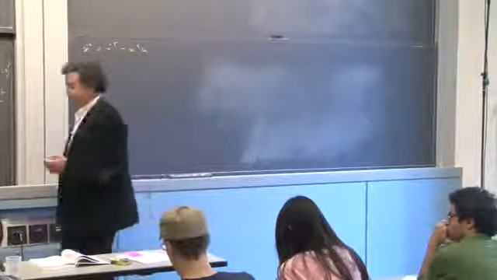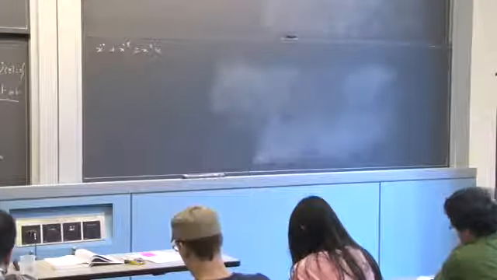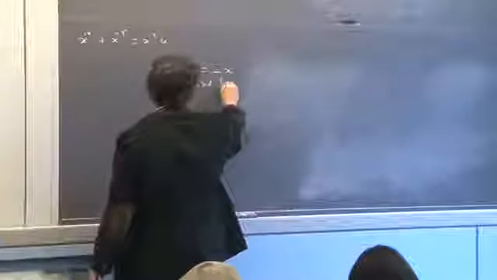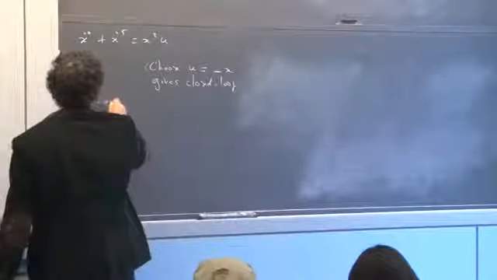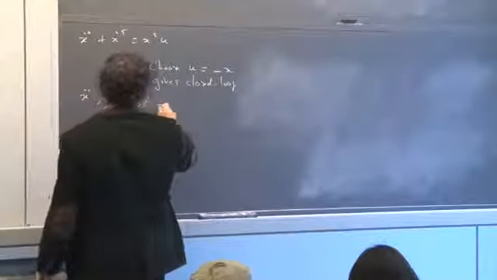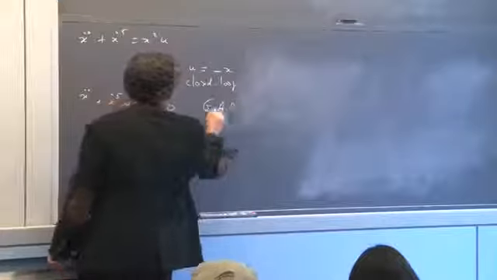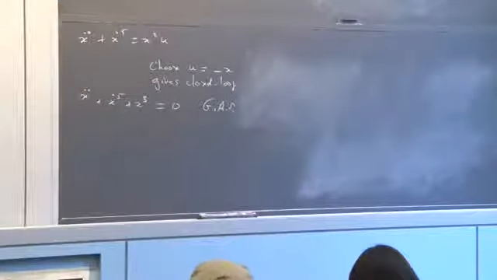For instance, we said that if we consider the system x double dot plus x dot to the fifth is equal to x squared u, where u is a control input to be defined, then obviously if we choose u equal minus x, the closed loop dynamics will be x double dot plus x dot to the fifth plus x cubed equals 0, which of course is globally asymptotically stable using this result.